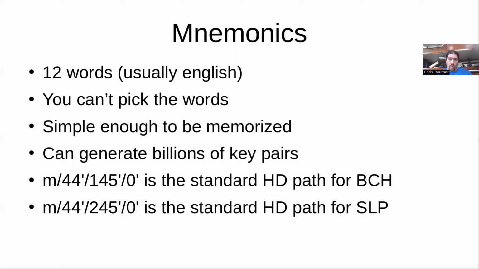But one of the huge societal impacts this specific 12-word mnemonic technology has had is recently in the Ukraine war, there were both Russians and Ukrainians trying to escape their countries, and they were both using Bitcoin, and some of them were fleeing the country by memorizing 12 words.